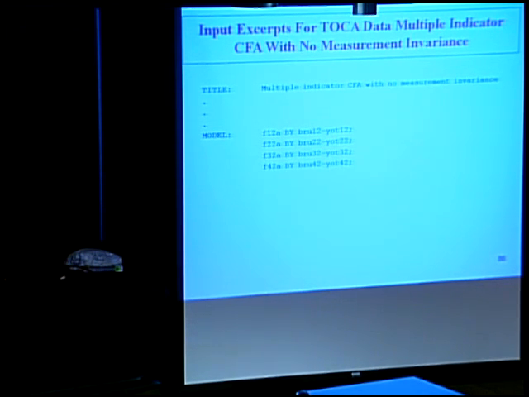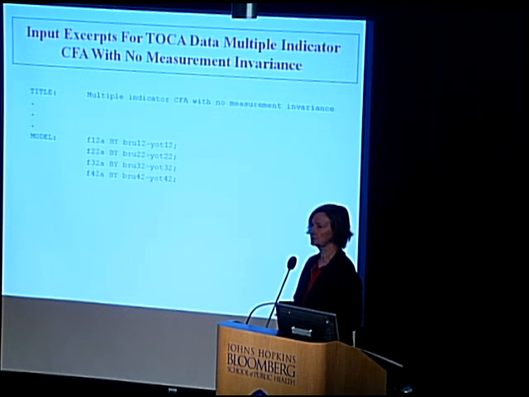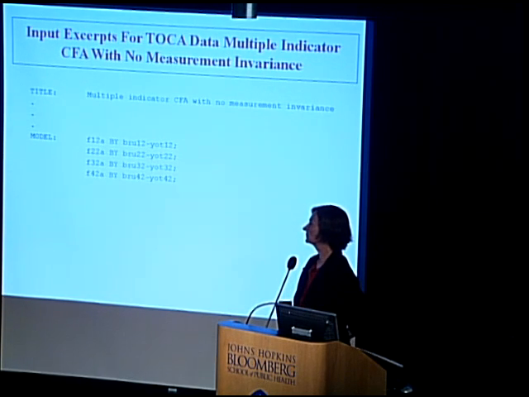The models to test measurement invariance are the same, but because the defaults for multiple group analysis are for the intercepts and factor loadings to be held equal across groups, then the inputs aren't going to look the same. But the models are going to be the same. Because at this point, the program doesn't know that you have longitudinal data. So this could be different variables.